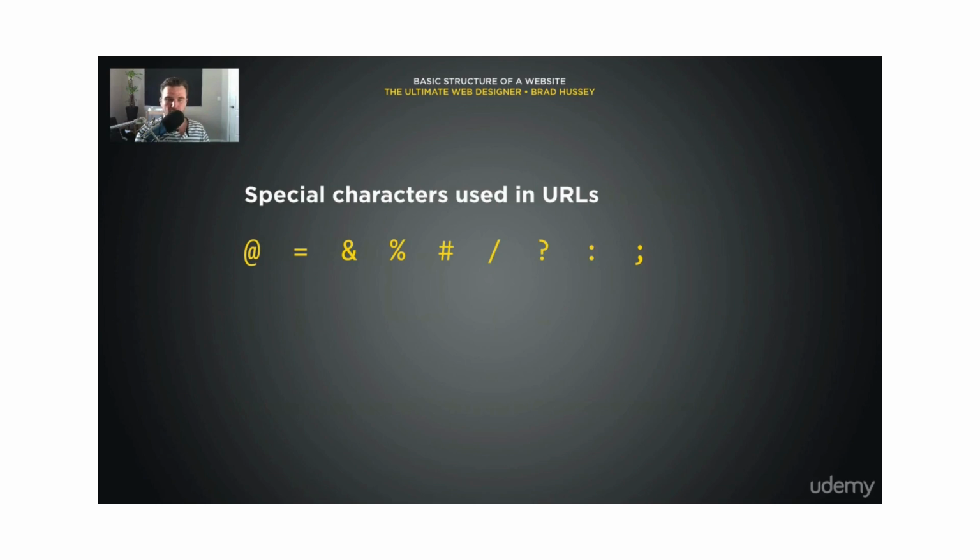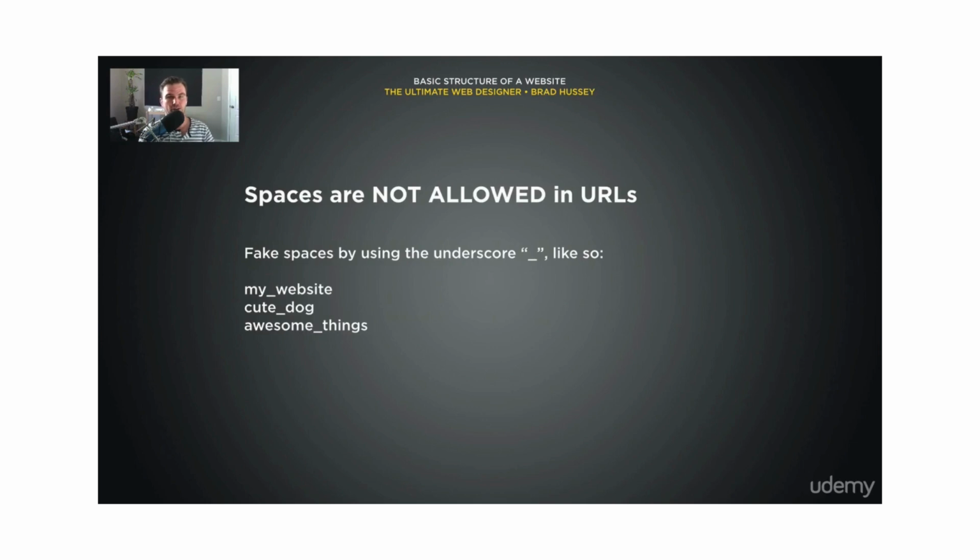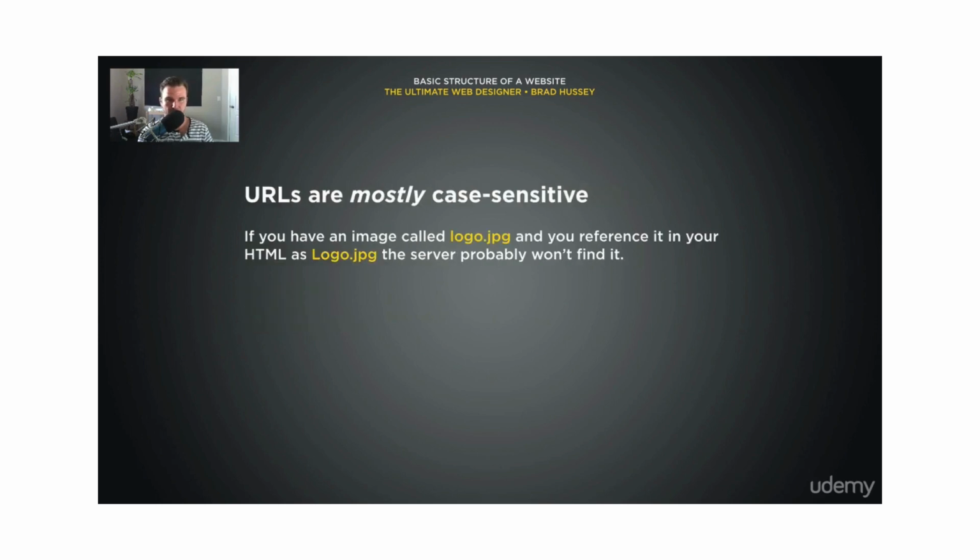Some special characters are allowed in URLs, like the @, equals, ampersand, %, pound, /, question mark, colon, and semicolon. Spaces are certainly not allowed in URLs. You can fake spaces by using the underscore, like so: my_website, cute_dog, awesome_things.